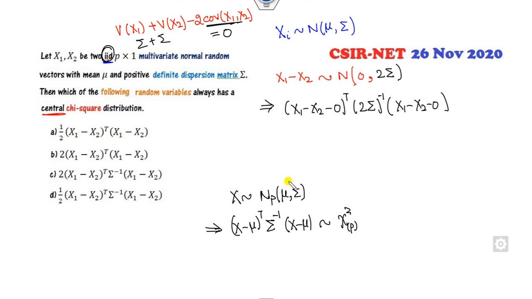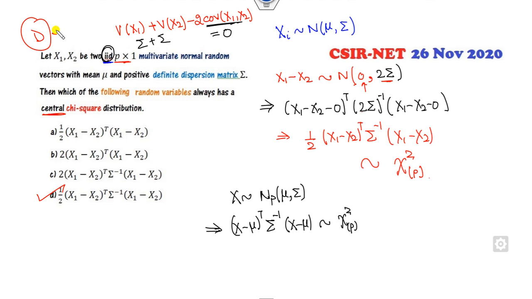Now in this case mu is my 0, sigma is my 2 sigma, so we get half of x1 minus x2 transpose sigma inverse x1 minus x2, which will follow chi-square distribution with p degrees of freedom, as they are p-variate. This is the only right option. So D is my right option. You can see within 10 seconds you can solve the problem.